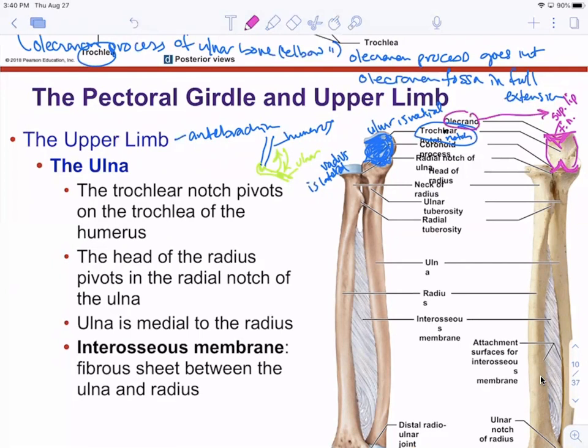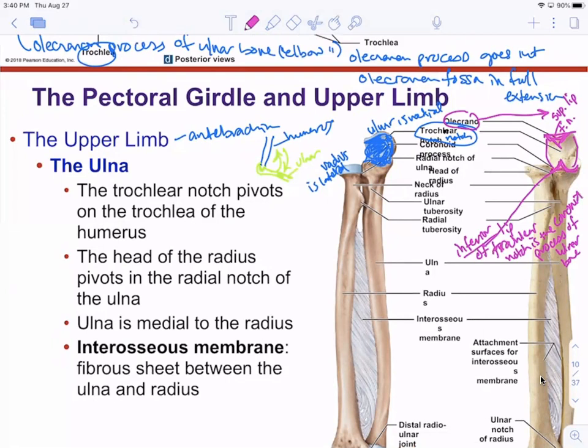And the inferior lip of the trochlear notch is the coronoid process of the ulnar bone. Remember, there's a coronoid process in the mandible. So this is another coronoid process. So it makes up the inferior lip of the trochlear notch.